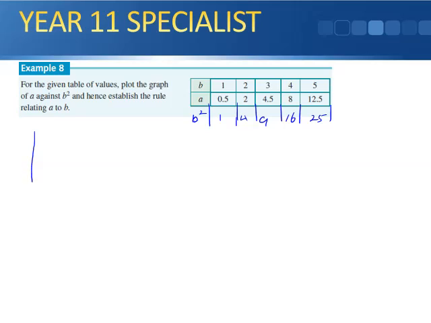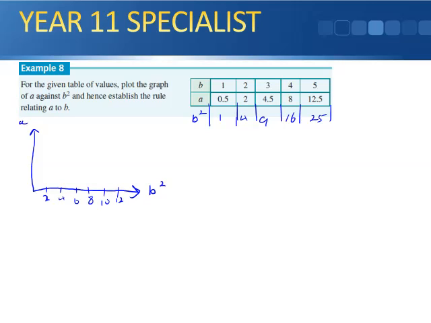So over here, they're all positive, so you guys will be able to sketch this better than me. A and b squared here. So I'm going to get 1. I better go up by 2s, 4, 6, 8, 10, 12.